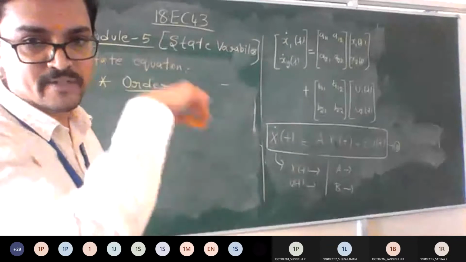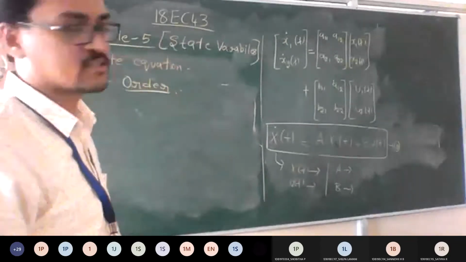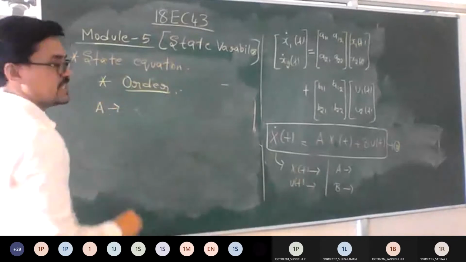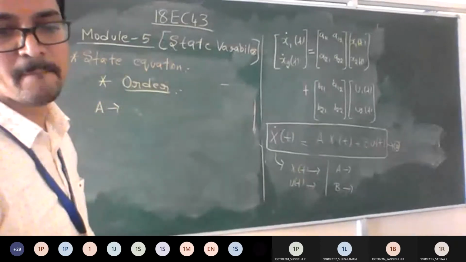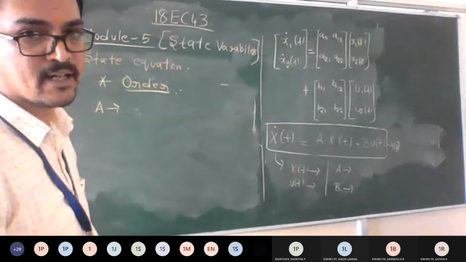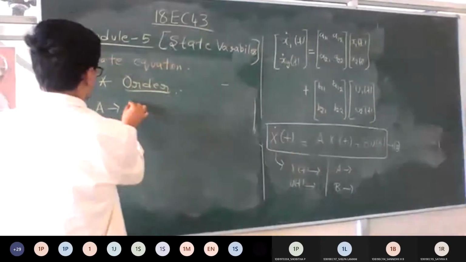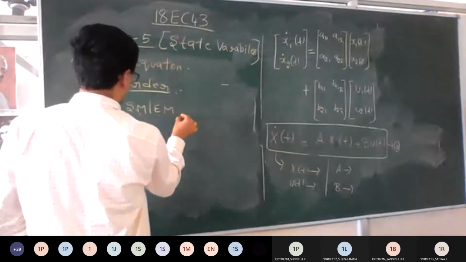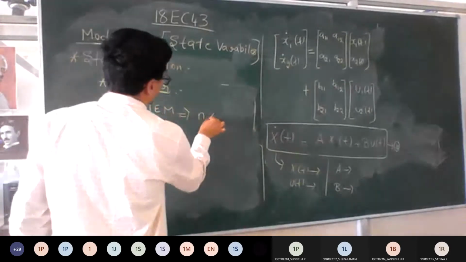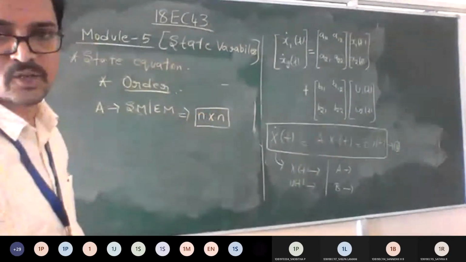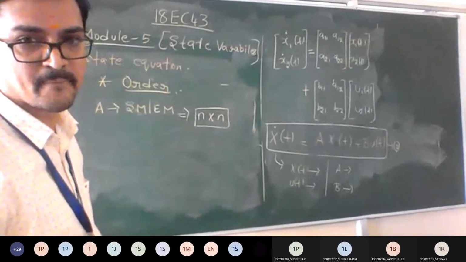So order, which matrix, which form. The first one is A. What is the name you told for A matrix? System matrix or evolution matrix. Correct now? So the order is n cross n. Is it fine? Written?